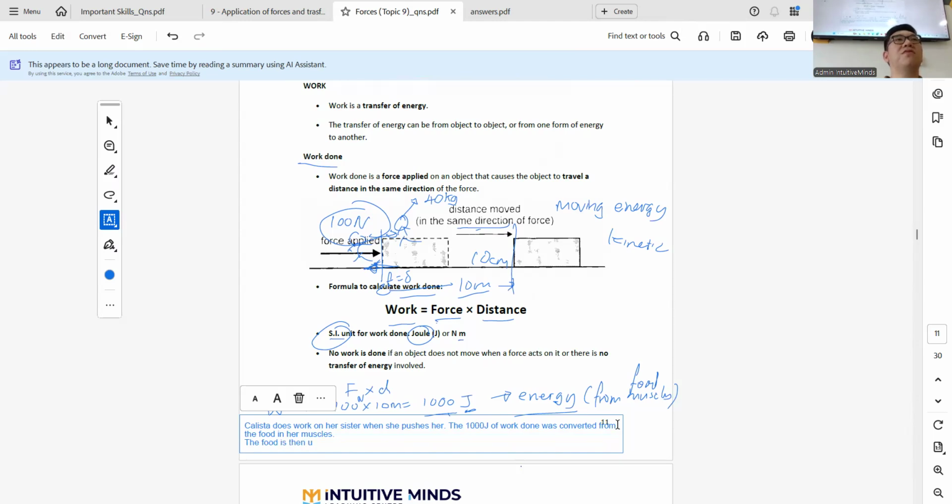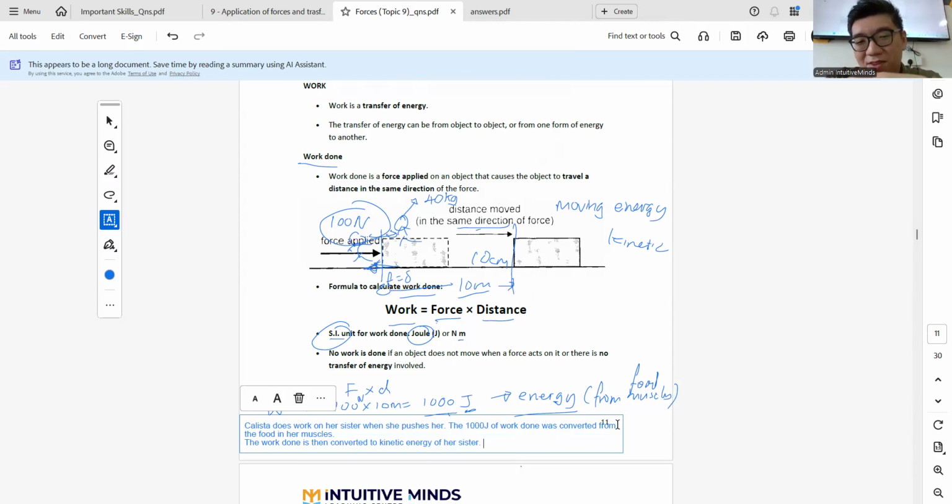The food is then used, the work done is then converted to kinetic energy of her sister. So that's how you transfer energy to your sister.